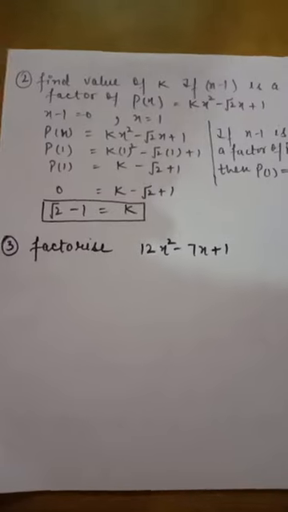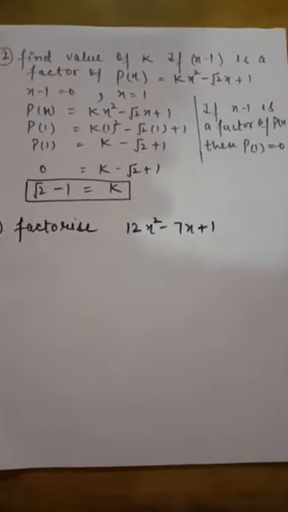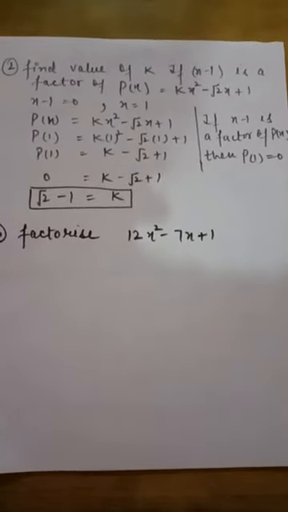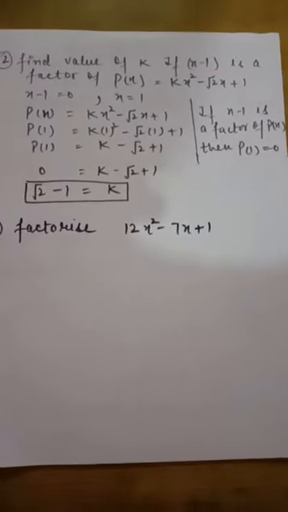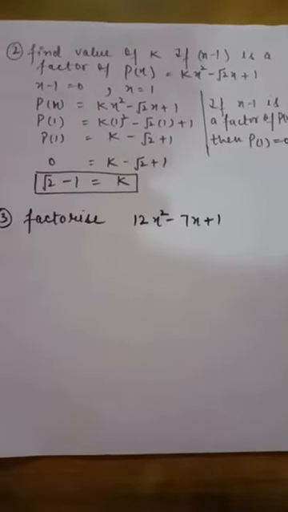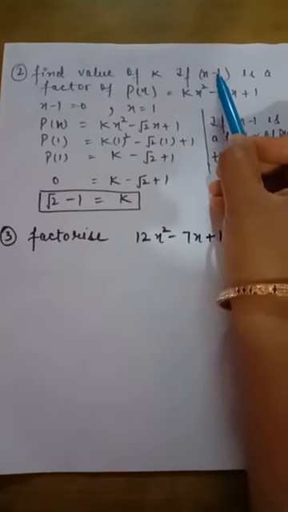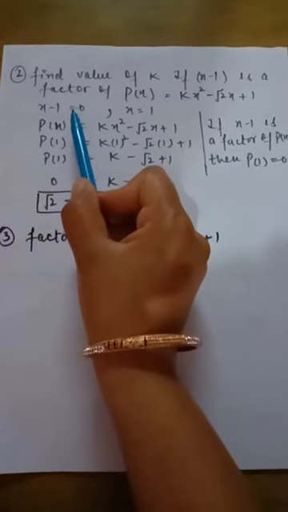We only find the value of k. It is clearly given that x minus a is a factor of p(x). So we should find the value of k from the given p(x). Now it is given that it is a factor.